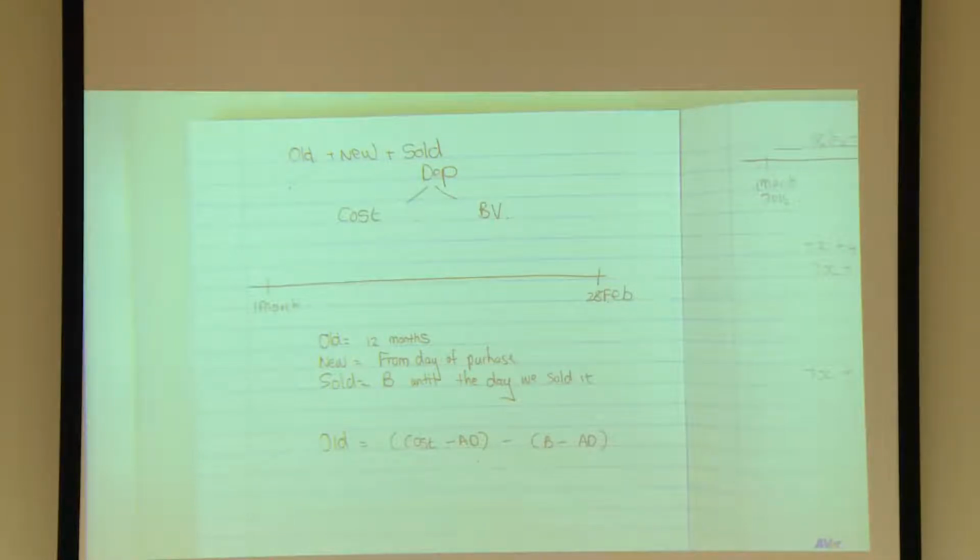We calculated for the 28th of February. If I show depreciation, if we sold it halfway through the year, wouldn't the date be different? Okay, because that's what you need to remember with asset disposal. We show when we sold the asset on the day which we sold it. So that's why it is shown separately.